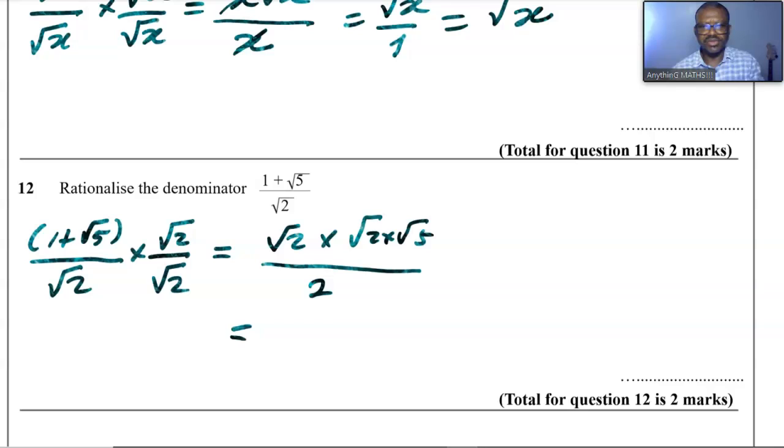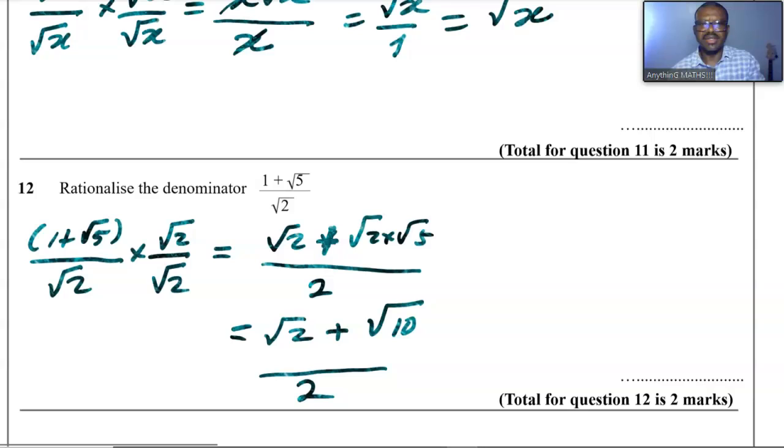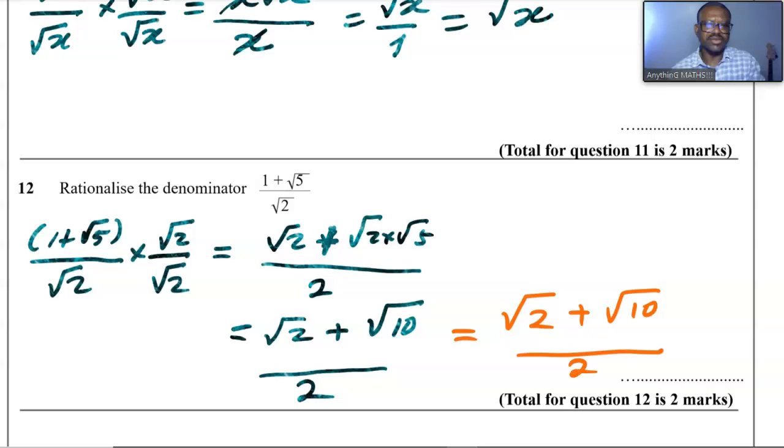And we're going to get root 2 plus root 10 all over 2. And there's nothing more we can do, so the answer is root 2 plus root 10 all over 2. You don't have to stress yourself. This is the answer.